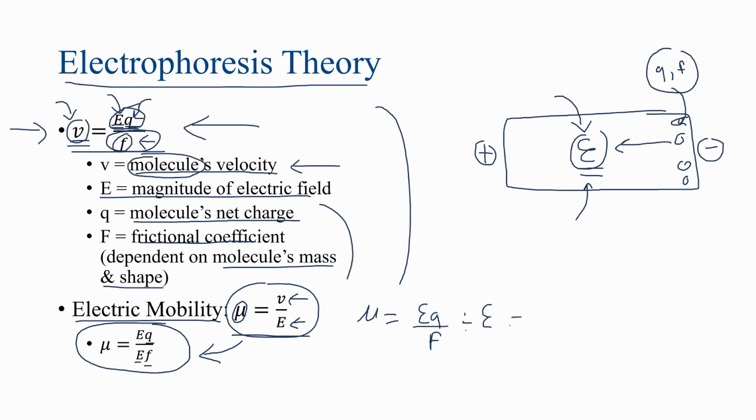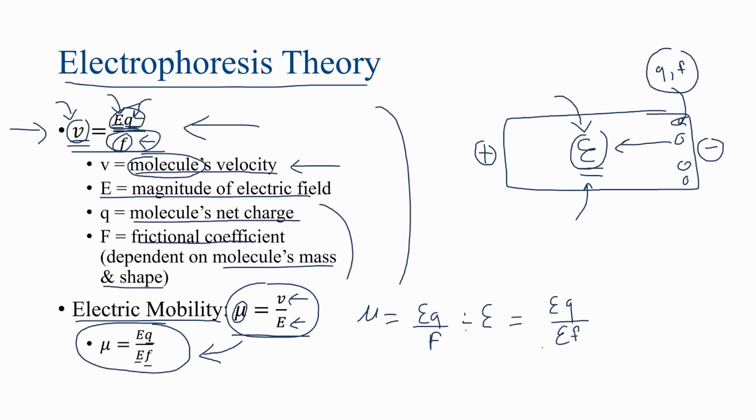And so you will end up with EQ over EF. Importantly, this is the relationship of the electrical mobility as it pertains to our molecule's net charge, frictional coefficient, and the magnitude of our electrical field that we are applying.